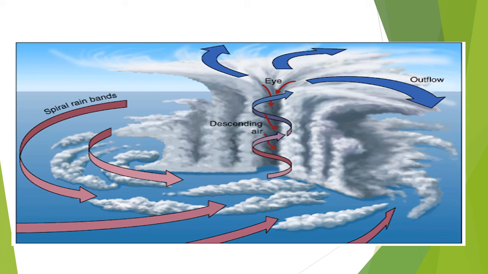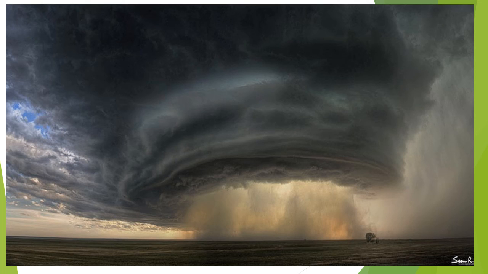In the picture you can see the eye. Here what is happening? Low pressure is there, and around that high speed winds are there. That is the reason for the destructive nature of the cyclone. We also call it the eye. So you can see a low pressure region in the middle and at the side surrounded by air, right?